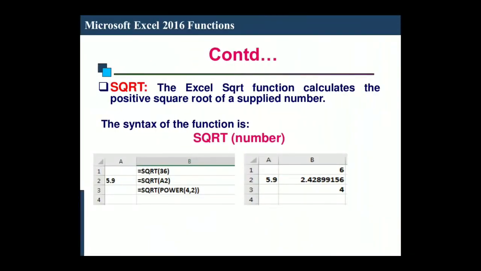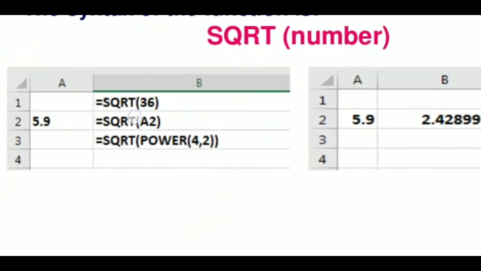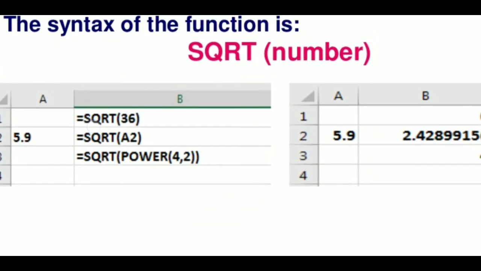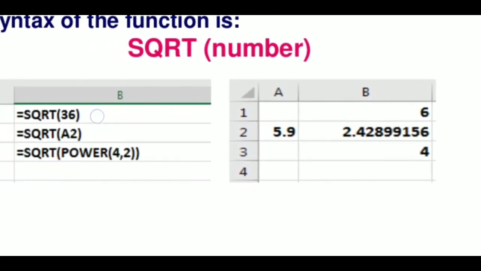Now next function is SQRT. SQRT function calculates the square root. Now how to write it? Write SQRT and then provide number in the bracket like this, equal to SQRT in bracket 36 will provide as result 6, because square root of 36 is 6.